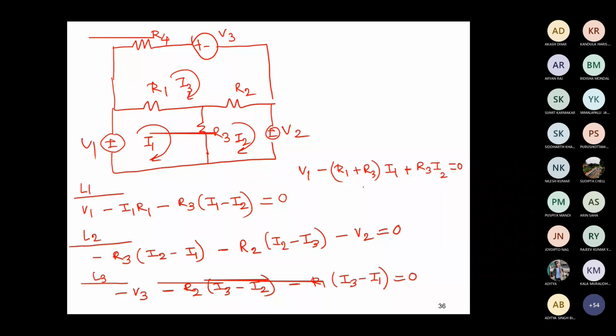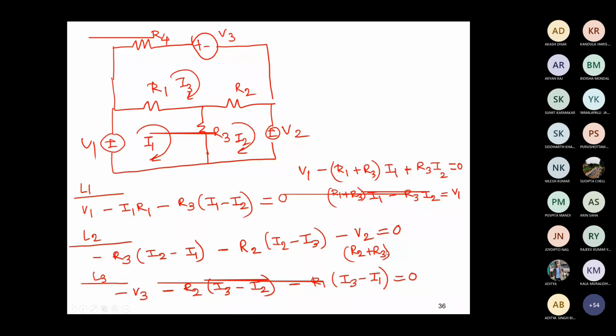So we can write it also in this way: R1 plus R3 into I1 minus R3 I2 equal to V1. Agree? So this is loop 1. Next, we can write the coefficient of I2 as R2 plus R3.